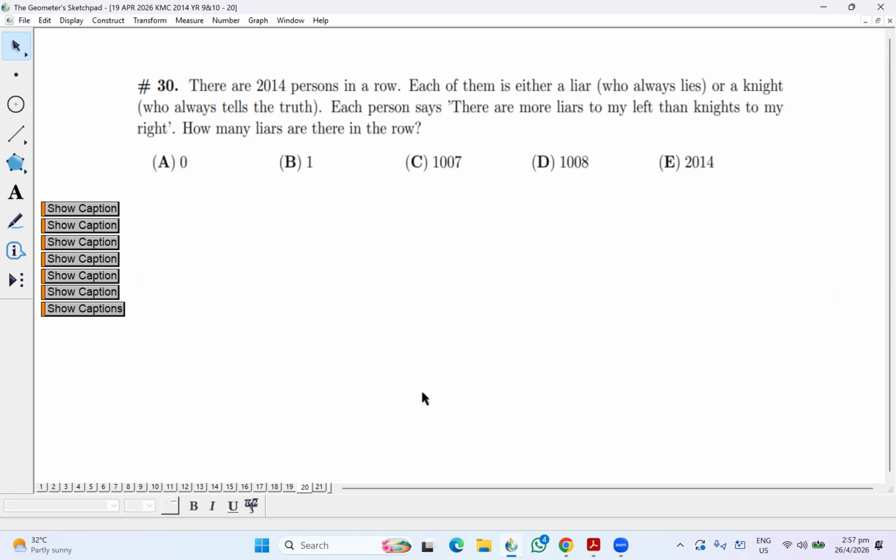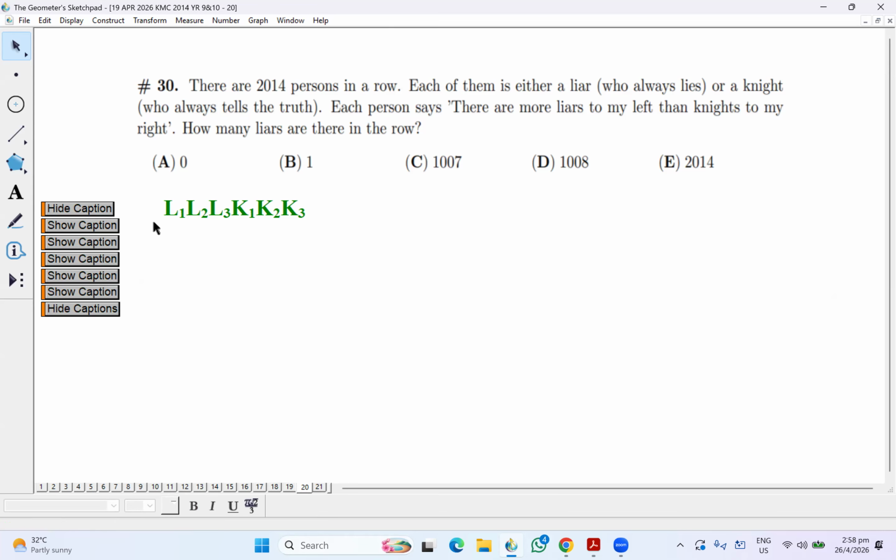So this type of question, we can easily think that 2014 is just a number only. You can try like 6 people only, no need so many, 2014 like that. So we try liar 1, liar 2, liar 3, knight 1, knight 2, knight 3.